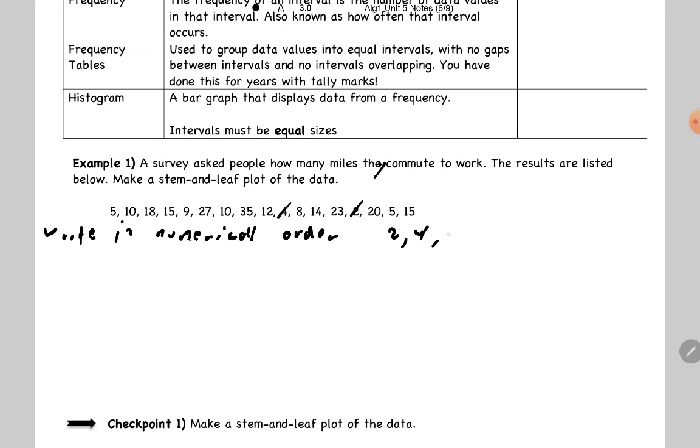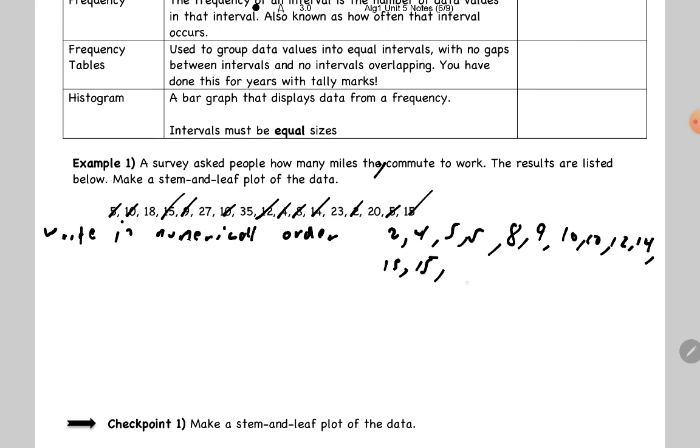then 4, 5, 5, 8, 9, 10, 10, 12, 14, 15 times 2, 18, 20, 23, 27, 35.